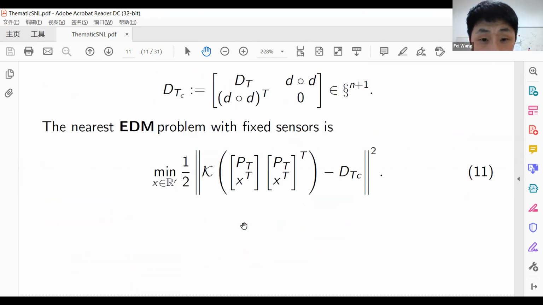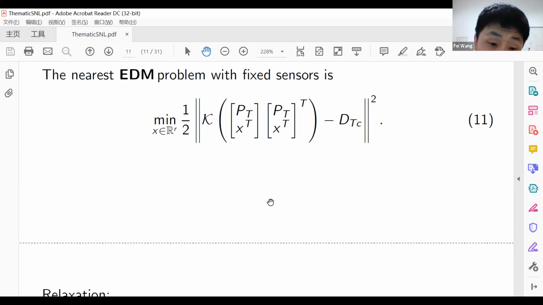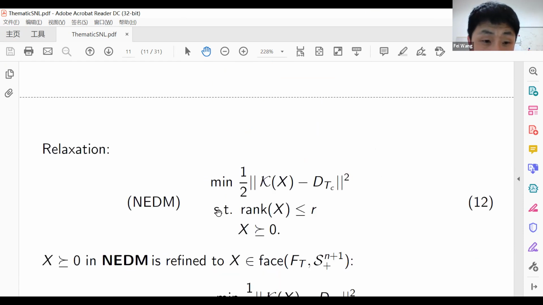If we relax this problem, we drop this rank constraint, and we ignore the towers. So we have a nearest EDM problem. We minimize the norm of K(X) minus DTC squared, with rank X less than or equal to r, and X positive semi-definite.